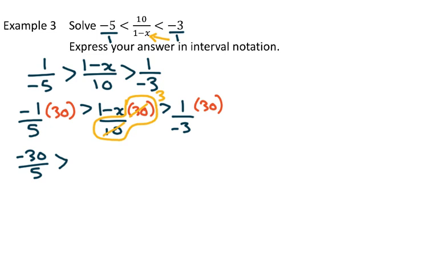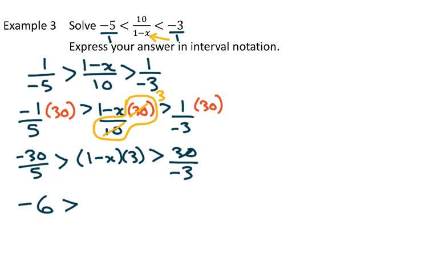So what is technically left is 1 minus x times 3. And on the right, again, we'll do 1 times 30, which is 30, over the negative 3. Simplifying things out, on the left here, negative 30 divided by 5 is negative 6.